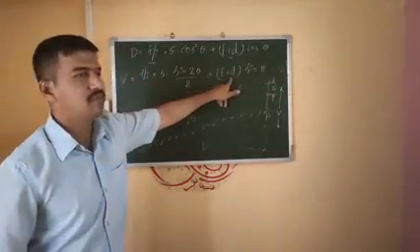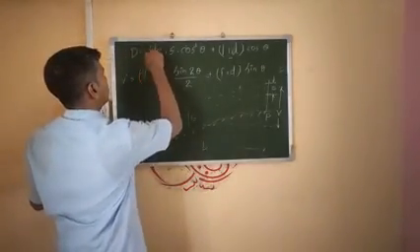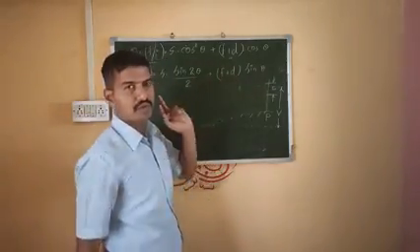F upon I and F plus D are the constants of a tachymeter.